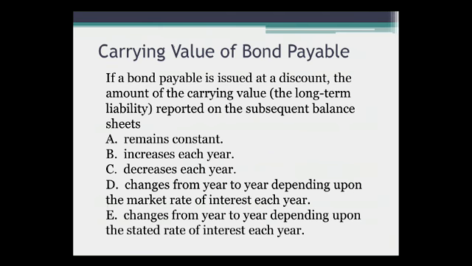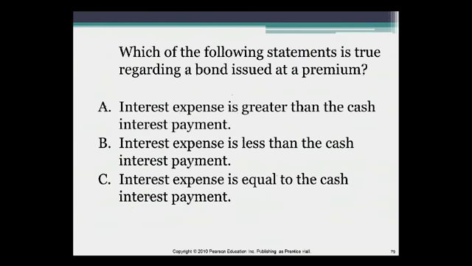B, increases each year. Remember, carrying value is the maturity value minus any unamortized discount. In subsequent years, you amortize your discount, which means your unamortized discount becomes less. So the amount that you subtract from the maturity value gets less, and your carrying value increases.